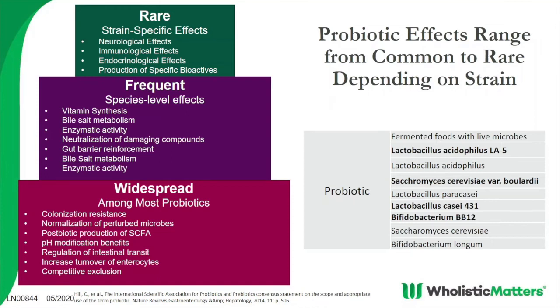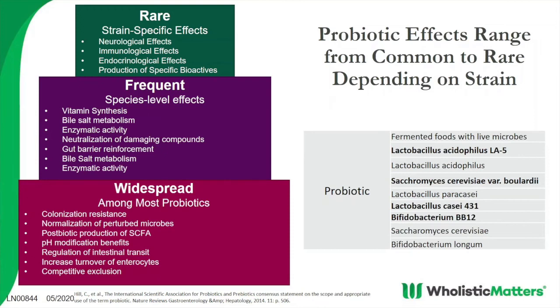Then the rare effects, so things like neurological function, immunological effects, endocrinological effects, production of specific bioactives as well. So the various bioactives can be really key to an effect of a various probiotic species.